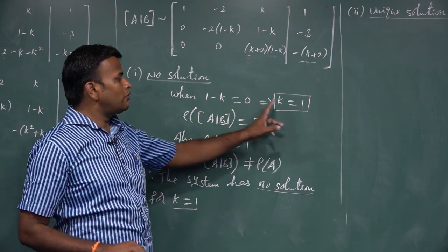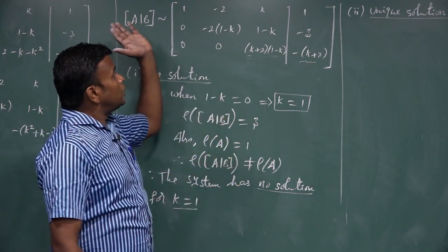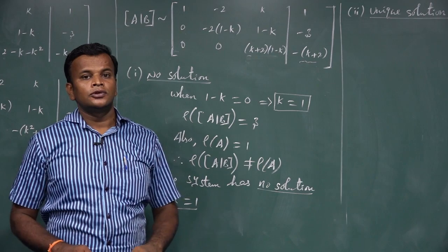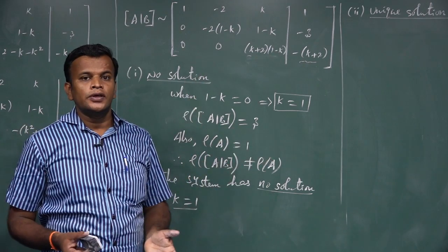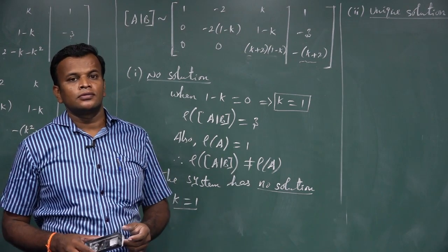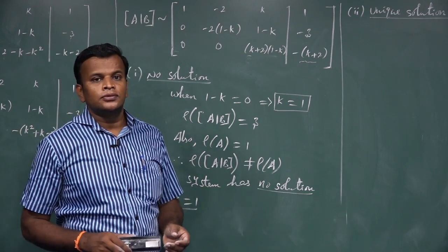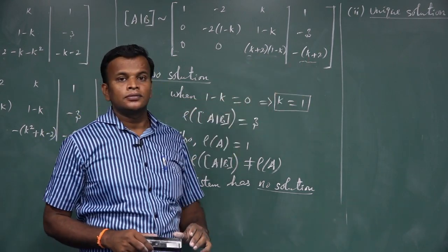Here we just put the value k equal to 1 with some ranks. Now the motive is we need all non-zero rows: first row, second row, third row. So we put in which value of k? We can put so many values except 2 values. Suppose I put the value of k equal to minus 2, then that row vanishes.